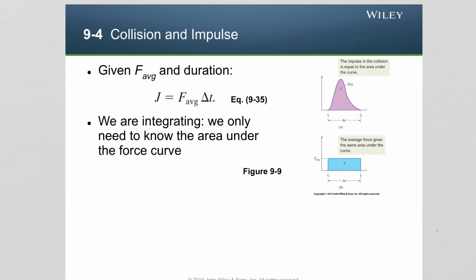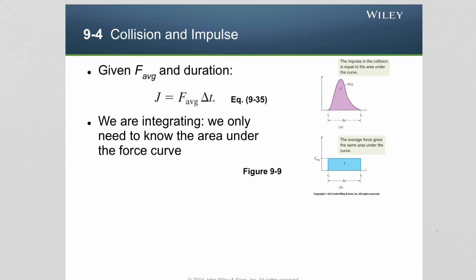So, the plot of force versus time for a force that changes with time can look like this curve here. And calculating the integral from the previous slide simply means finding the area under the curve.